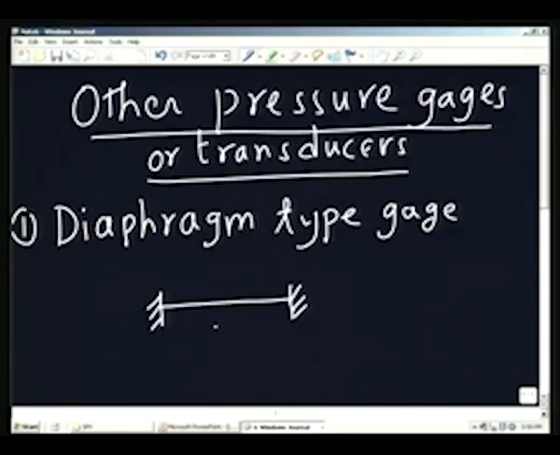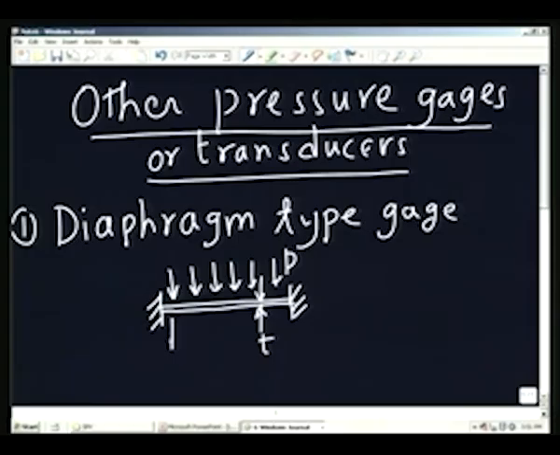This is actually a circular plate of some small thickness. So, we will say thickness T, and if I apply a uniform pressure P on this side and uniform pressure of P A on the other side. Okay.